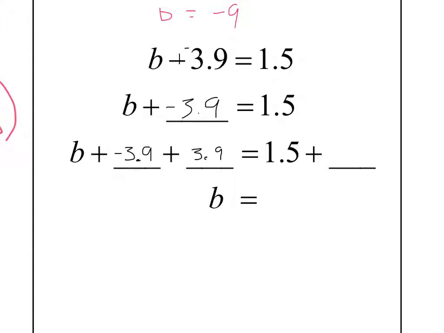This is not a multiplication problem, which is why we aren't doing a multiplicative inverse. We're doing an additive inverse. So I'm adding a positive 3.9 to both sides. That gives me b plus 0 is equal to 5.4. So b is equal to 5.4.